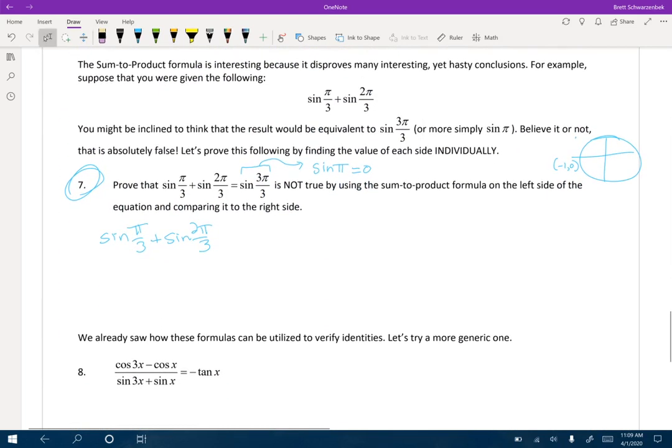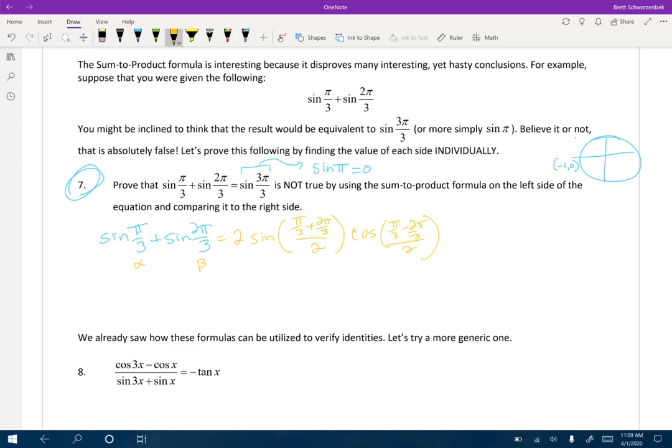So if we do so, we're going to get 2 sine of, so remember this is alpha and this is beta, 2 sine of pi over 3 plus 2 pi over 3 all over 2, cosine of pi over 3 minus 2 pi over 3 all over 2.